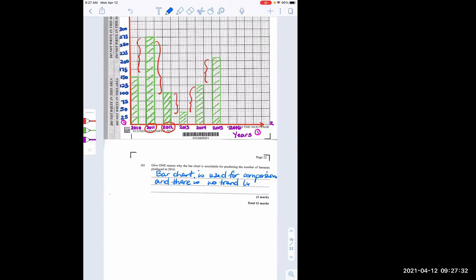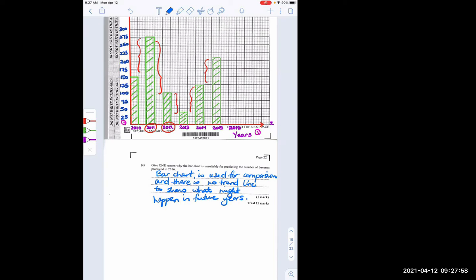There is no trend line to show what might happen in future years. And we could see as well that the amount of bananas produced fluctuates. Yes, correct. We can say that.